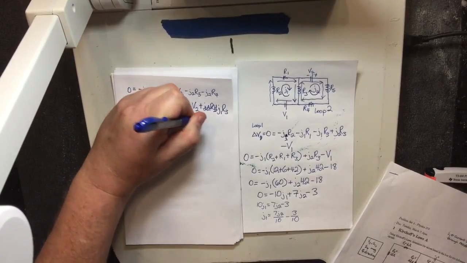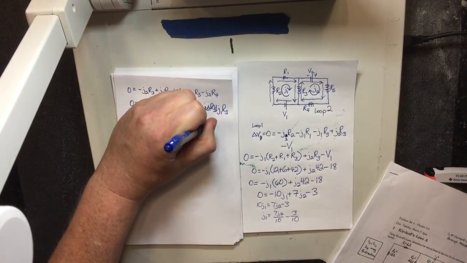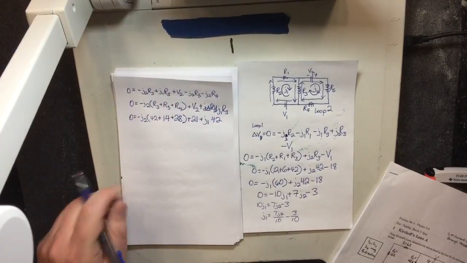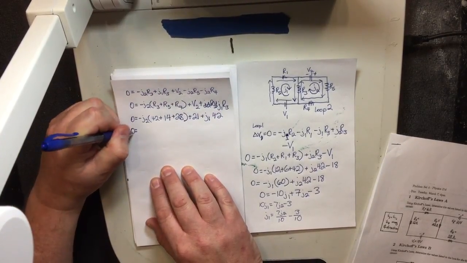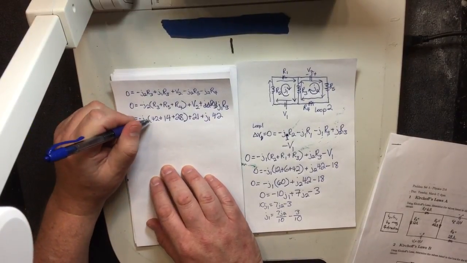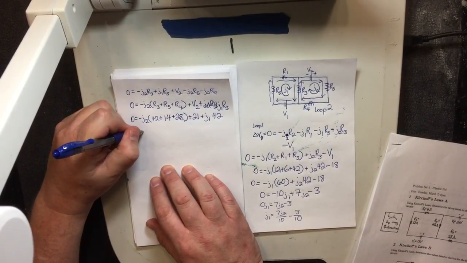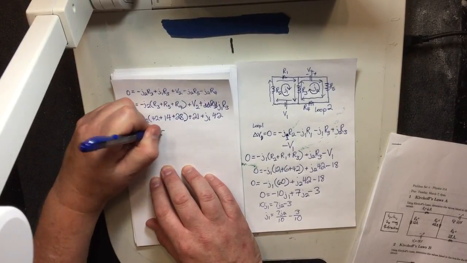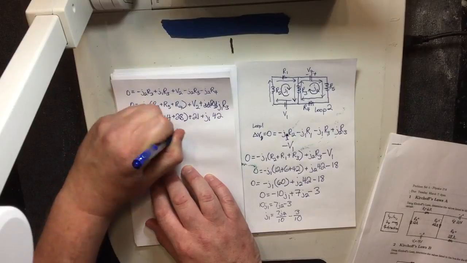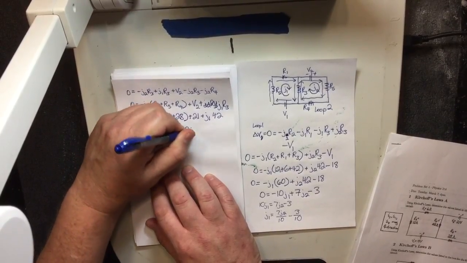V2 is 21. J1 is 42. Now add them all together. 60, 70, 84 plus 21 plus 42 J1.